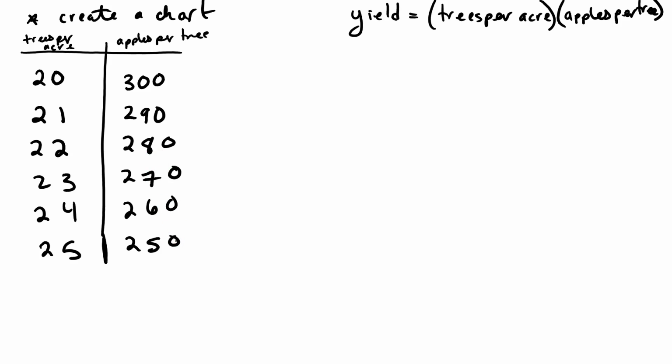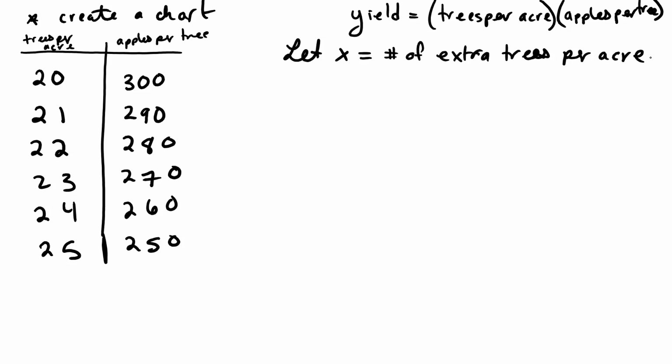So that means what I'm going to say is let x equal the number of extra trees per acre. So that means that if we start at 20 plus x, the number of extra trees.